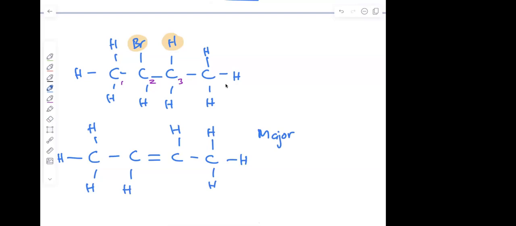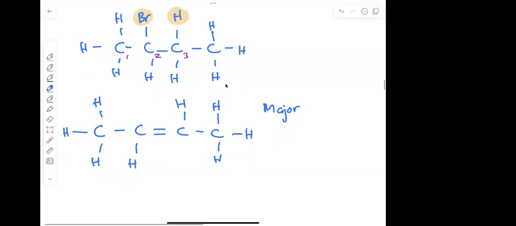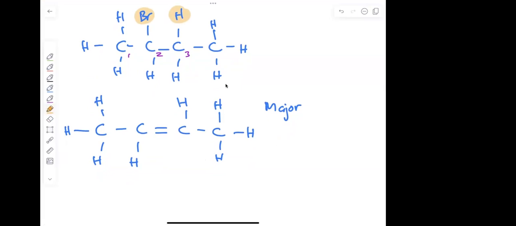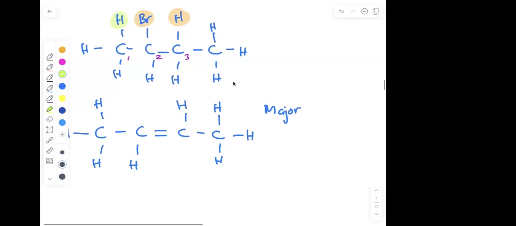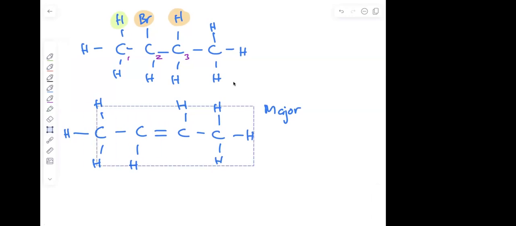But, right, what could have happened here is I could have decided instead to take the hydrogen here on the left. If I had taken the hydrogen here on the left, I am not following the rule that I need to follow, right? Now, in that case there, if I don't follow the rule, that's going to end up with me sitting with the minor product. And then the minor product is going to look like this. Let me quickly take this off here.